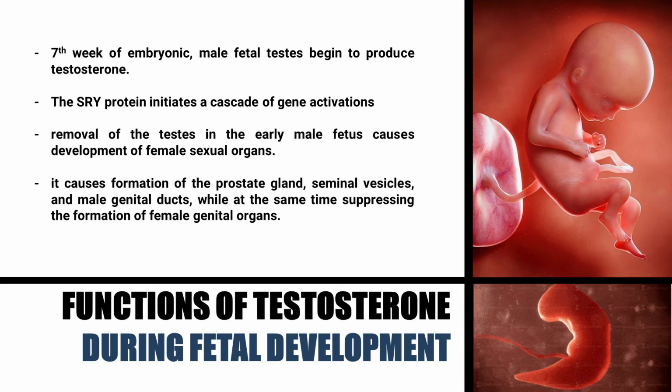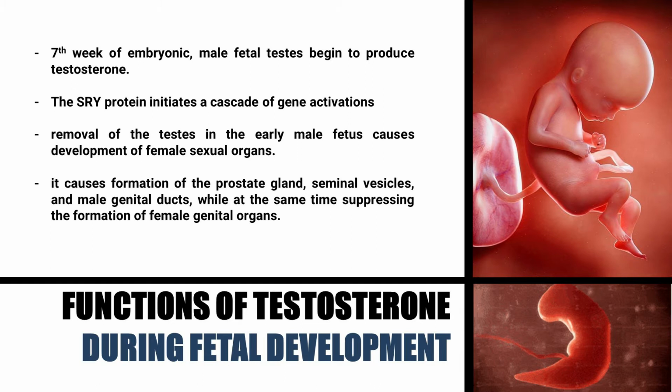The SRY protein initiates a cascade of gene activations that cause the genital ridge cells to differentiate into cells that secrete testosterone, and eventually become the testes, whereas the female chromosome causes this ridge to differentiate into cells that secrete estrogens. Removal of the testes in the early male fetus causes development of female sexual organs.